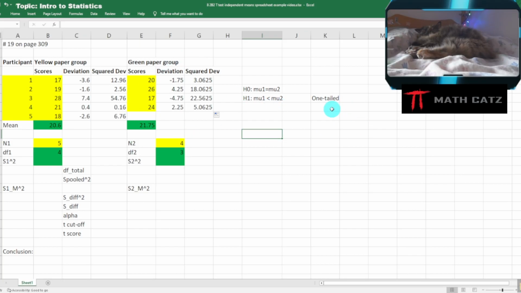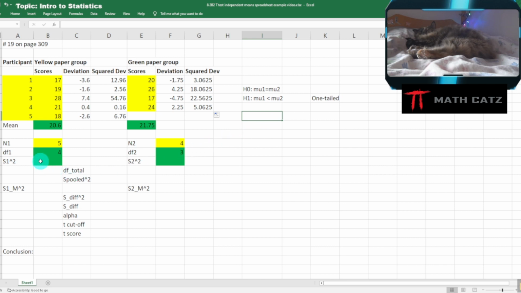So that'll make that a one-tailed test. Sometimes the wording's different, and that'll just be testing if it's equal or not equal. Then it'll be a two-tailed test. So I do have to read carefully to make sure I set up the correct research hypothesis. All right, let's carry on.